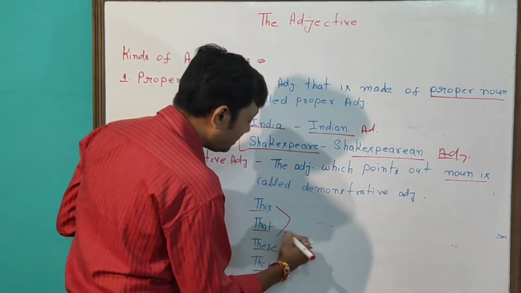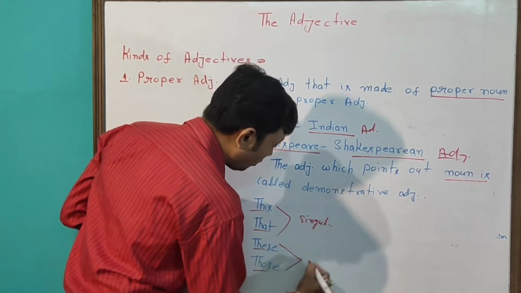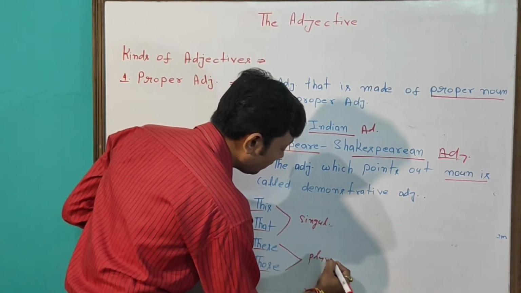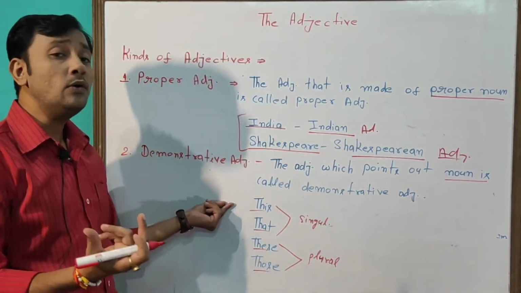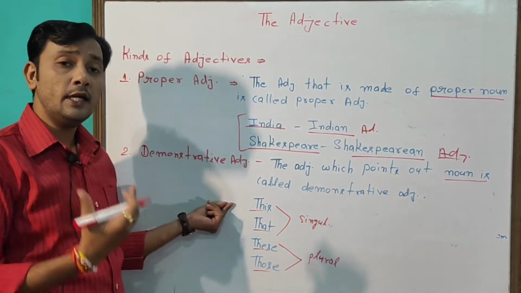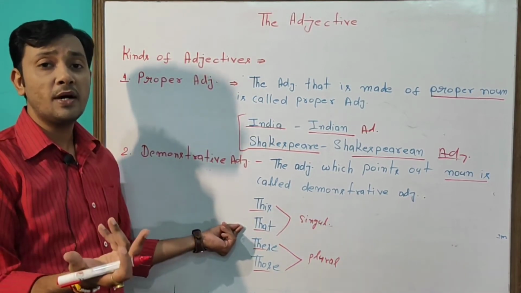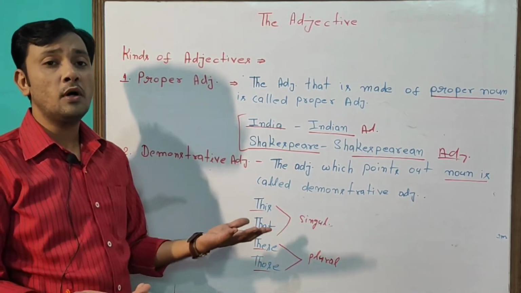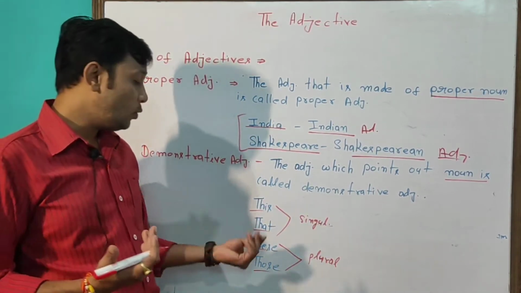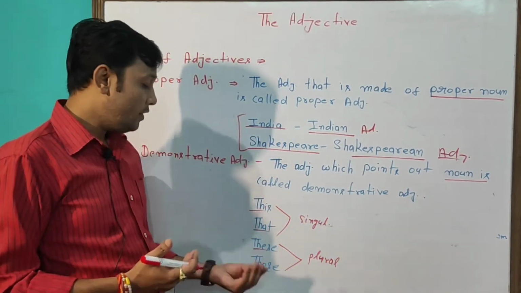This and that are used with a singular noun, and these and those are used with a plural noun. When a singular thing is near to us, we use this, and when a singular thing is far from us, we use that. Same with these and those. When two or more things are near to us, we use these, and when two or more things are far from us, we use those.